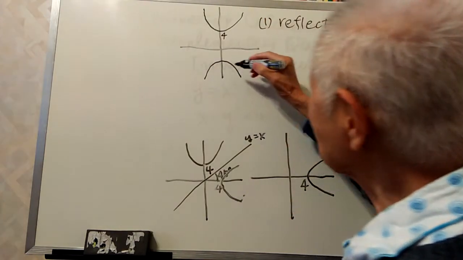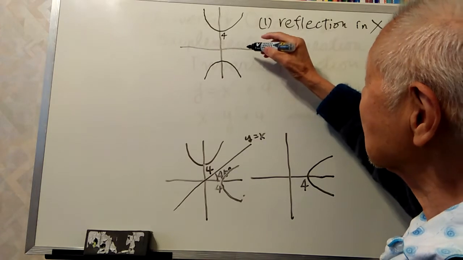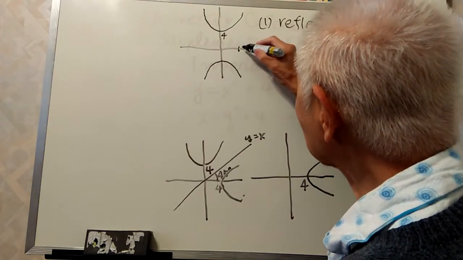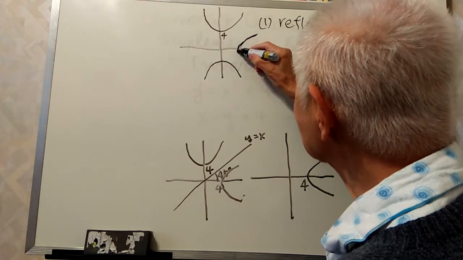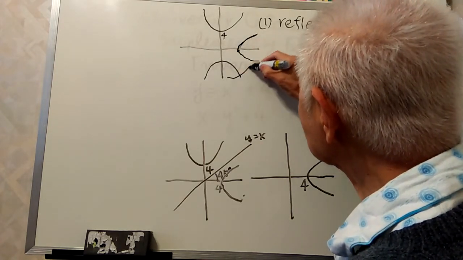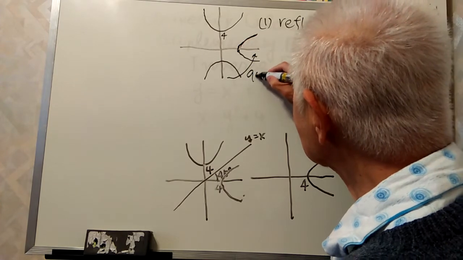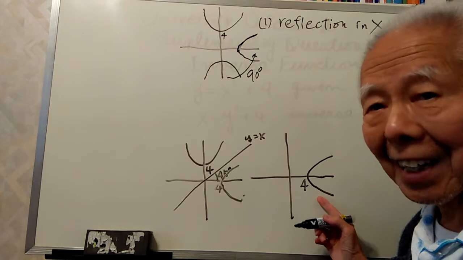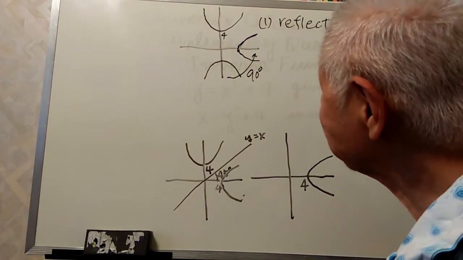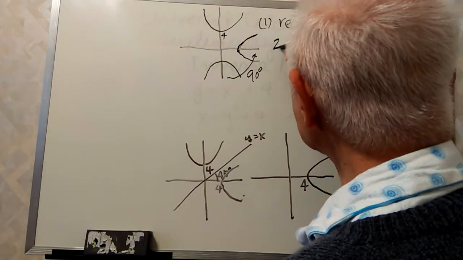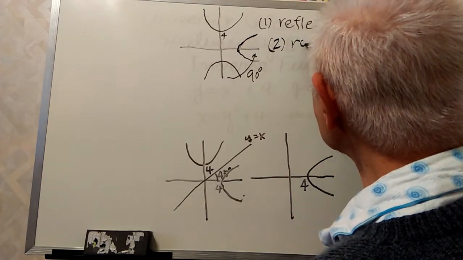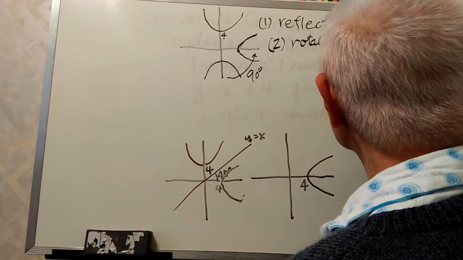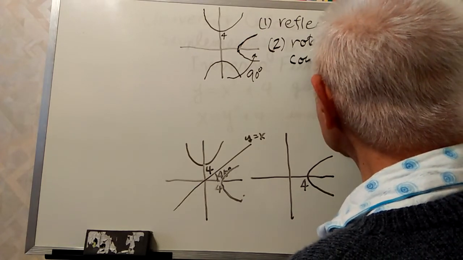So if you rotate this counterclockwise 90 degrees, this becomes this. You get this. And this is exactly our inverse function. So the second step, rotate 90 degrees counterclockwise.